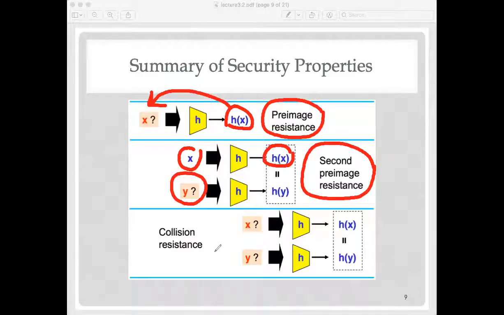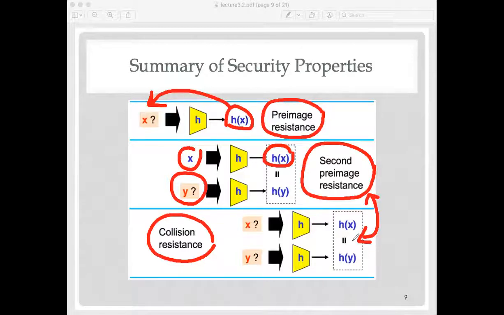The third is collision resistance. It says it should be infeasible to find any two things, any x and y, where the hash of x equals the hash of y. الفرق بين هذه وهذه إنه هنا you have x and the hash of x, and you're looking for y that has the same hash. هنا أنا ما أحدد بأي شيء.